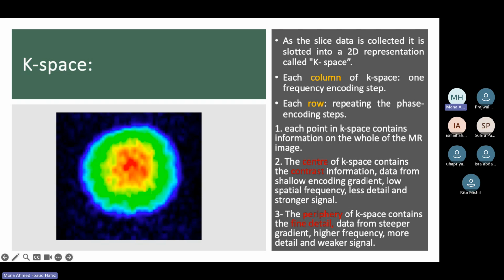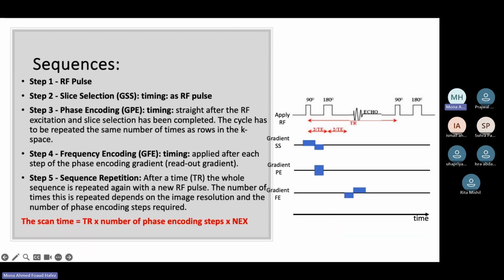You don't need to get all the data to fill that space, in order not to spend so much time. So the sequence includes a radio frequency pulse at 90 degrees. At the same time as the radio frequency pulse, we apply the slice selection gradient. Then step 3, the phase encoding gradient.